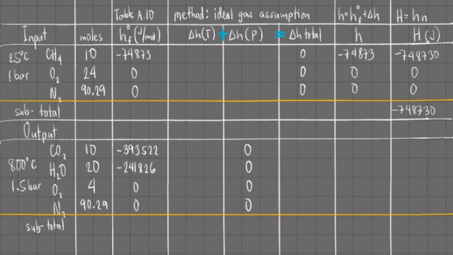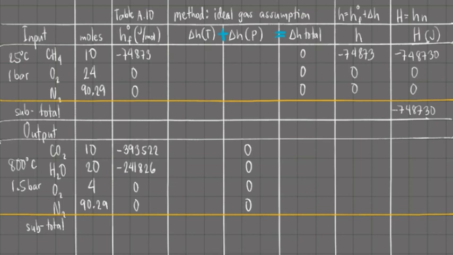The first method, or case 1, is to assume that their heat capacity is constant, which we will not do because from 25 degrees Celsius to 800 degrees Celsius, that is a very big temperature change and we cannot assume a constant heat capacity. So we have two choices.